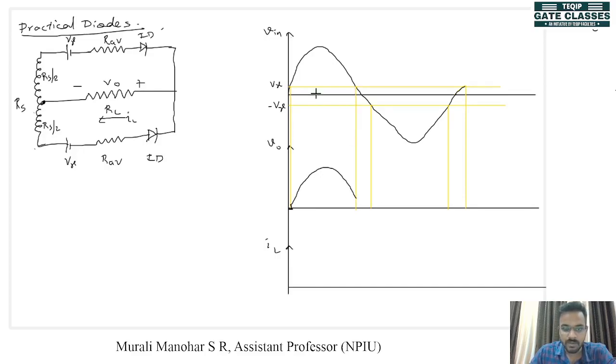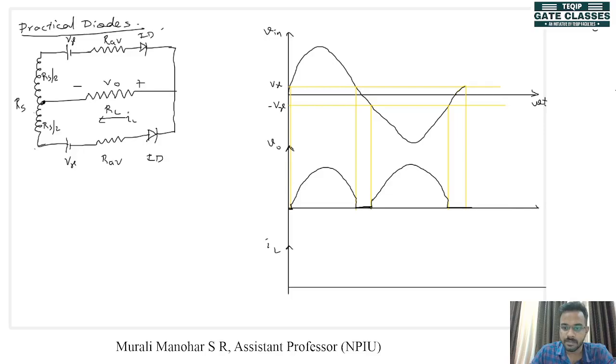And again, when V gamma is reached, again the output becomes 0, like this. Then during the negative half cycle, the other diode conducts, and we will get the output like this.